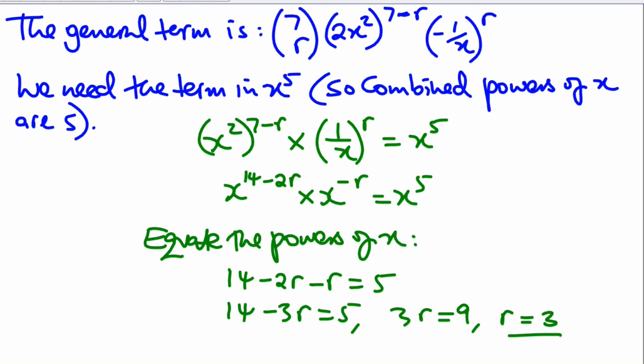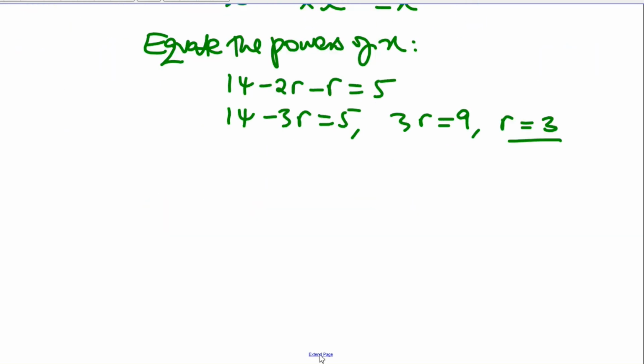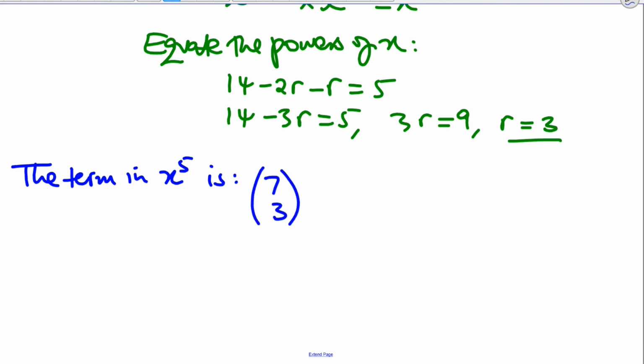So the specific term in x to power 5 will be given by 7 choose 3, 2x squared to power 7 minus 3, multiplied by negative 1 over x to power 3.